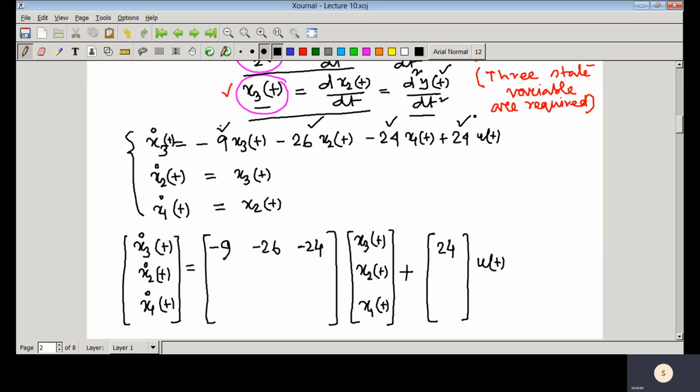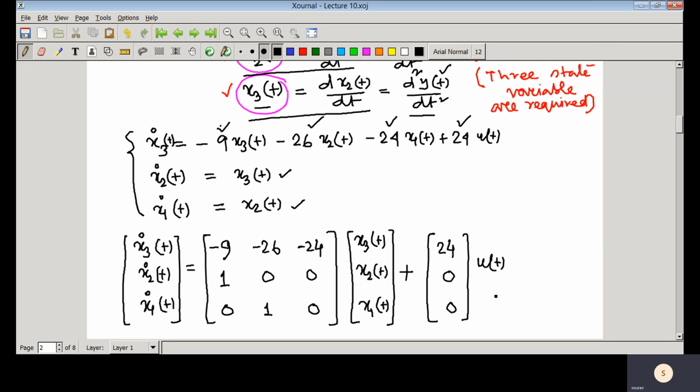The second one you can see here, x2 dot equal to x3(t), so that means you have 1 here, and the rest of the terms are 0. And x1 dot(t) equal to x2(t), so you have 1 here, and this is 0.